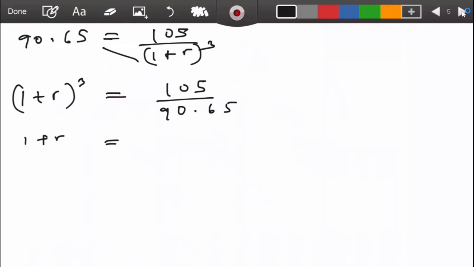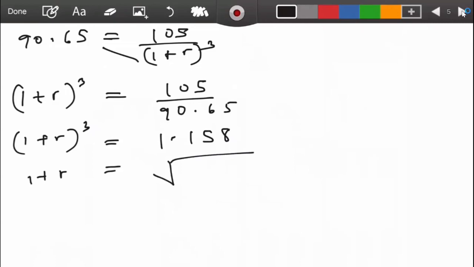This divided by this gives us 1.158. So I can now take the cube root. 1 plus r will be equal to the cube root of 1.158.